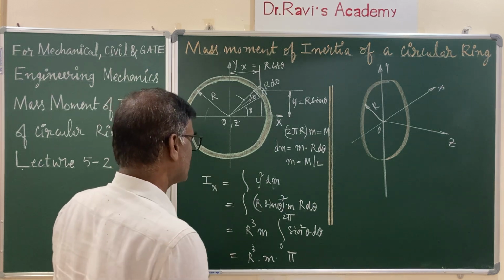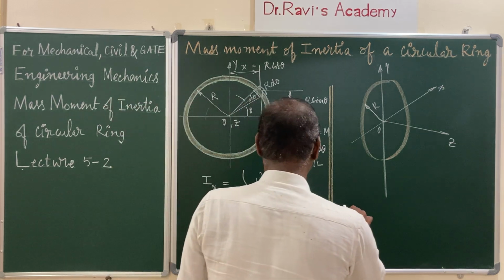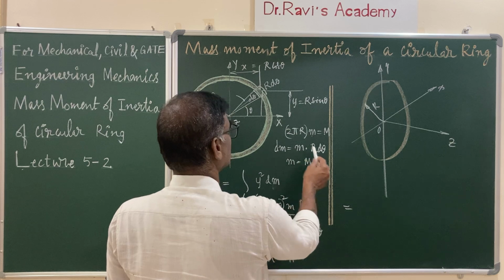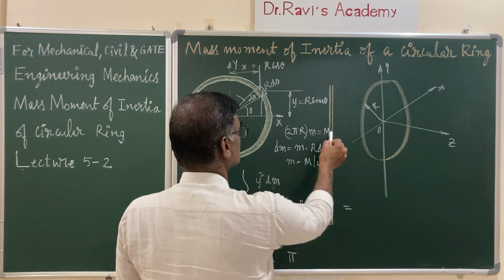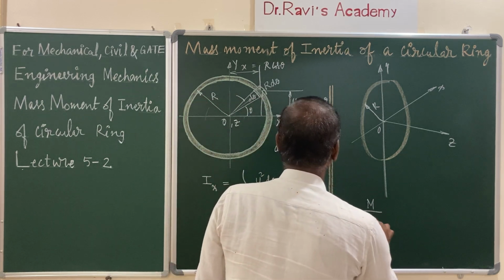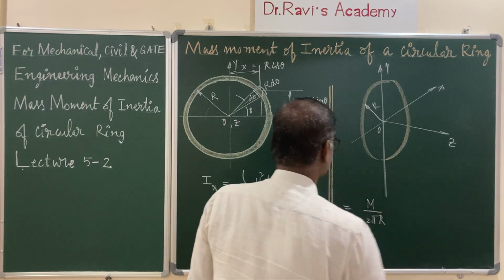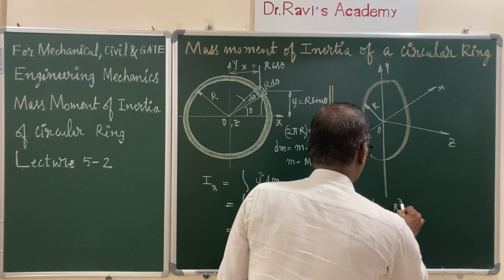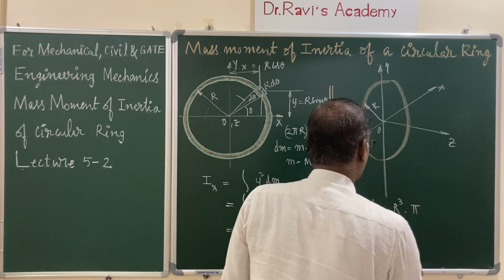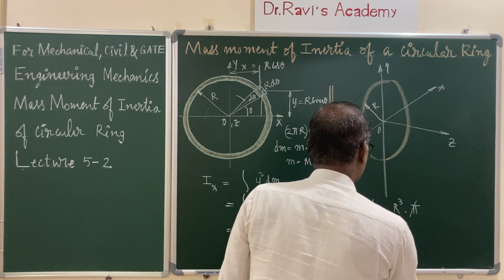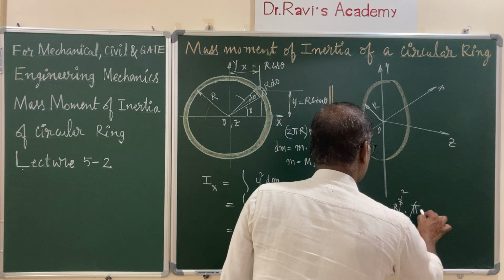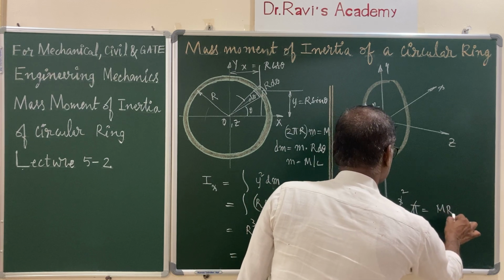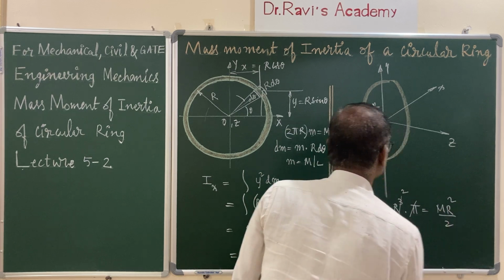Substitute this and replace the m value: m is equal to capital M divided by 2 pi r, into r cubed and into pi. One pi will go off and one r will go off, it is r square, and you have M r square by 2.